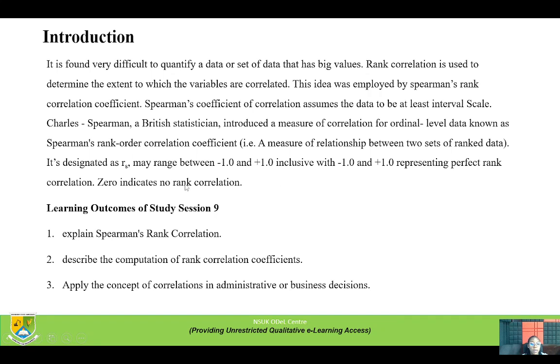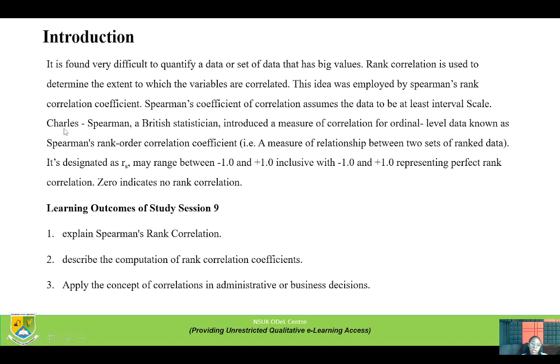So here the Spearman has come to address the issue of extreme or large values. This idea was employed by the Spearman's rank coefficient, and it assumes the data to be at least an interval scale kind of data.